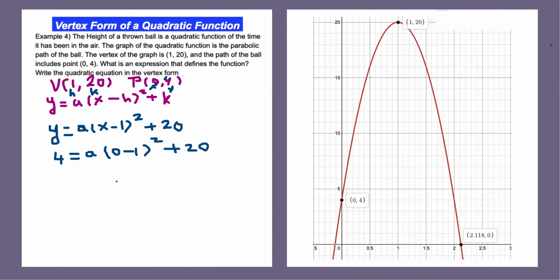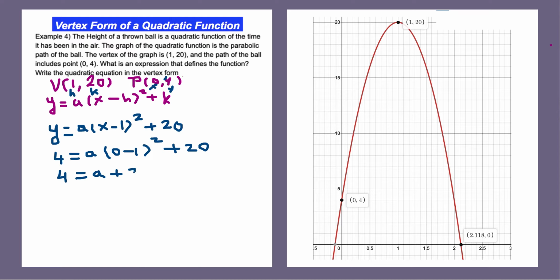And now let's simplify this equation a little bit. This equation is an equation with one unknown, so it is easy to solve. We solve it like a linear equation with one unknown. So 0 minus 1 is minus 1, and squared is 1. 1 times a is just a. So we don't have to worry about it anymore. Plus 20 on this side.